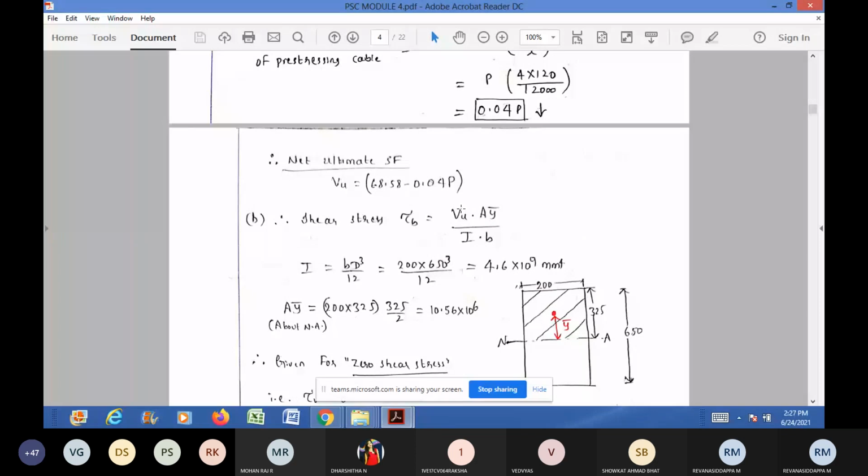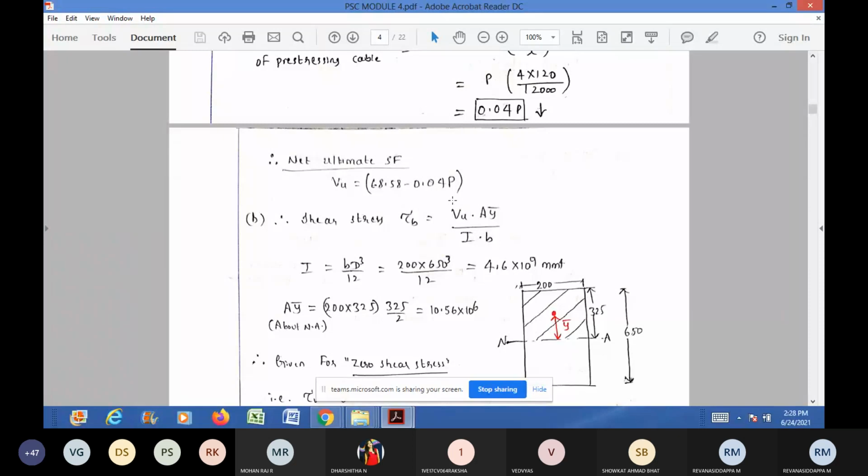Now first we will find this V_U. What is V_U? It is the shear force at the point of interest. Which is the point of interest here? Support. We are interested to find shear stress at the support.